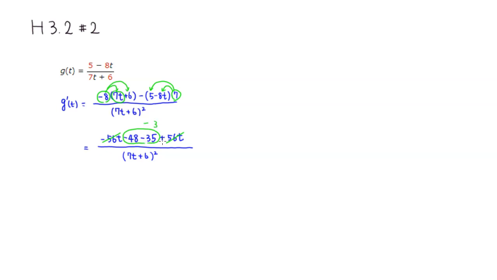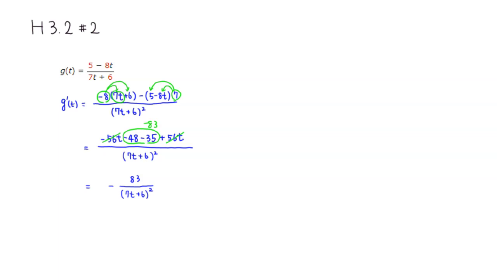And then 4 plus 3 is 7, but 1 carried over, so it's going to be 83, right? So we have negative 83 over quantity 7t plus 6 squared, right?